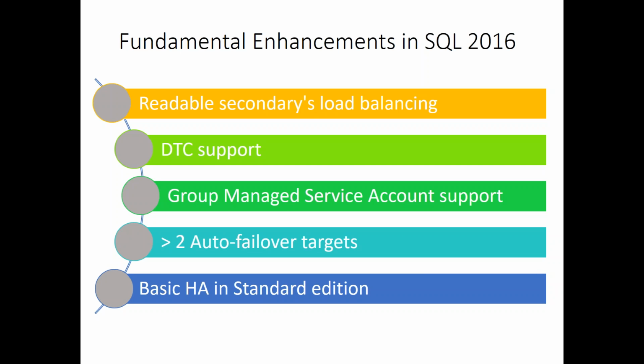In SQL 2016, we made a change with how our read loads get routed. We give an option to create a read routing list such that the read loads across the secondaries could be load balanced, right?